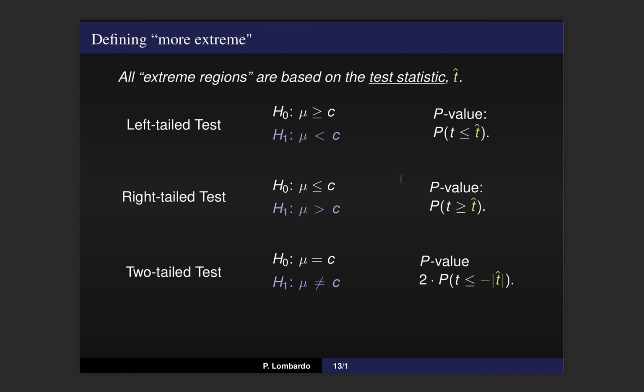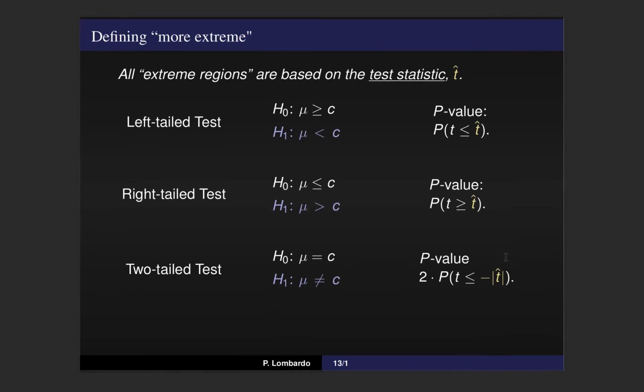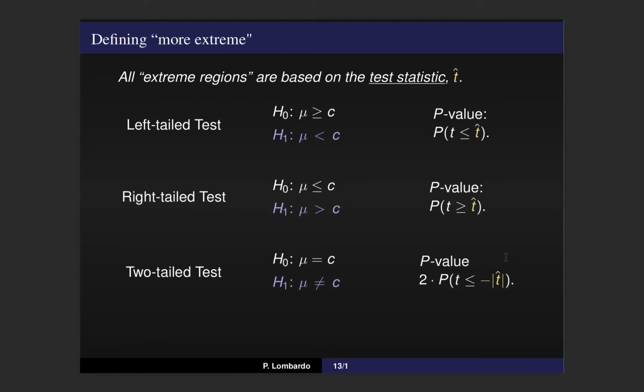So we call this a left-tailed test, and we would want the probability that we get t-score values to the left of our t hat. Similarly, when our alternative hypothesis is that mu is greater than c, that inequality is pointing to the right. So this is a right-tailed test, and that means we want the probability that we're to the right of our test statistic. The two-tailed test is the one that's a little bit trickier. I find it's helpful to just draw the picture. Think about what the left tail would look like, and then double that probability.